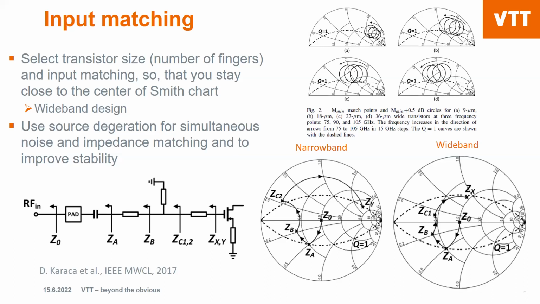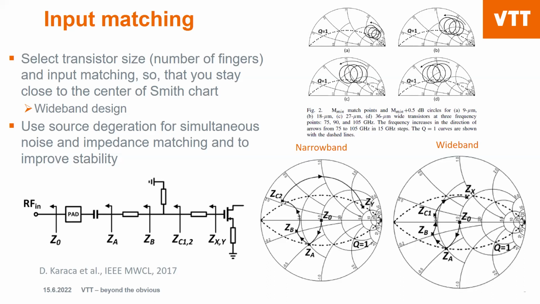a wideband match. And on the left-hand side, there are the realized input matching networks used in our design. If you start from the left from the RF input, that's our 50 ohm impedance, so that's the middle of the Smith chart, if everything is referenced to 50 ohm, as is typical. We have a pad and a series capacitor for the bias, so that the bias doesn't leak to the antenna.